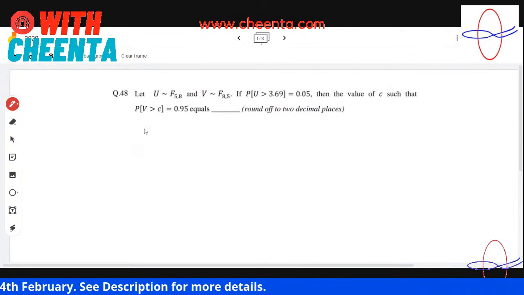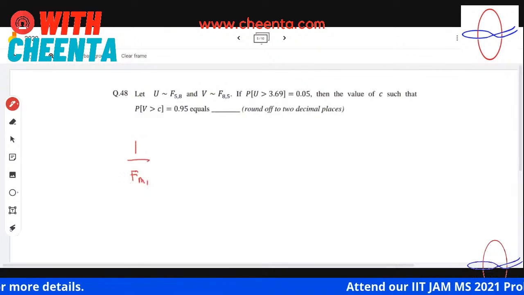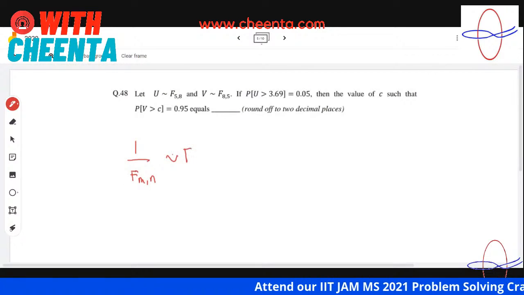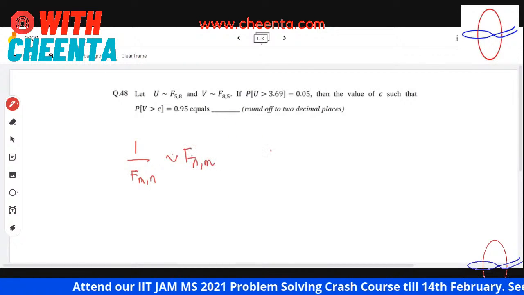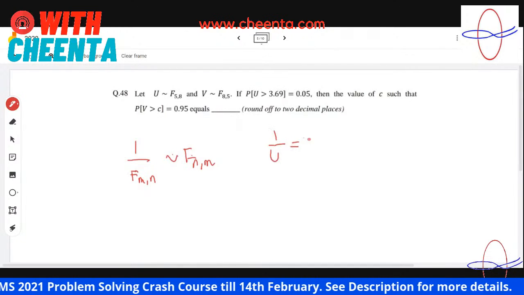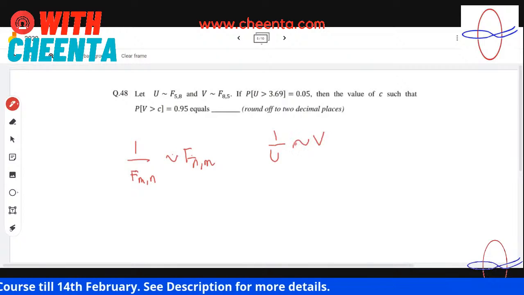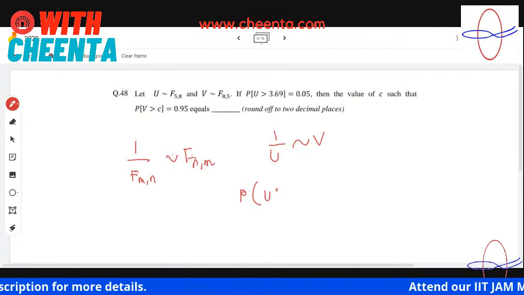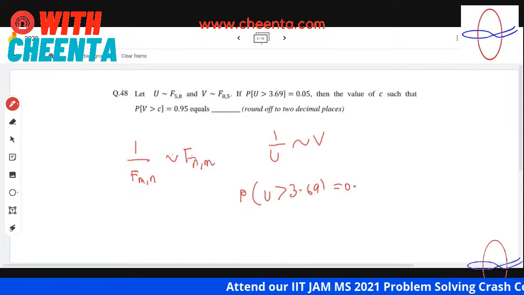Since it's a chi-square ratio, F(m, n) follows F(n, m), right? So we can use this property. So therefore, what do we get? 1 by U is similarly distributed as V, right? We can use this. So therefore, probability U greater than 3.69 is equal to 0.05.